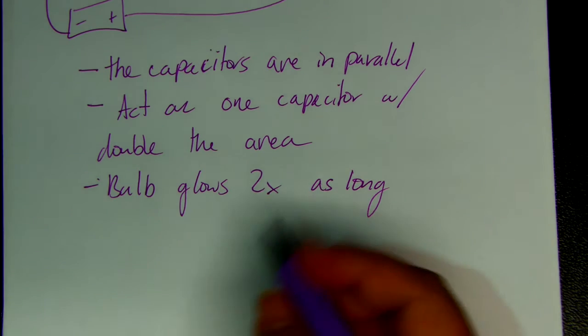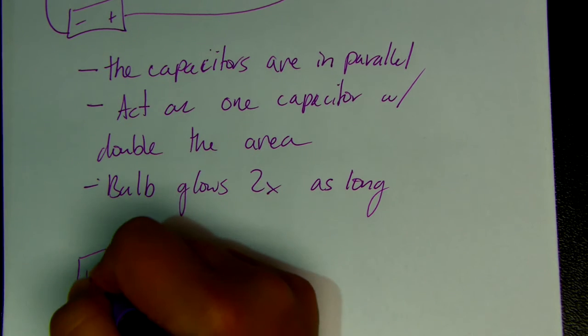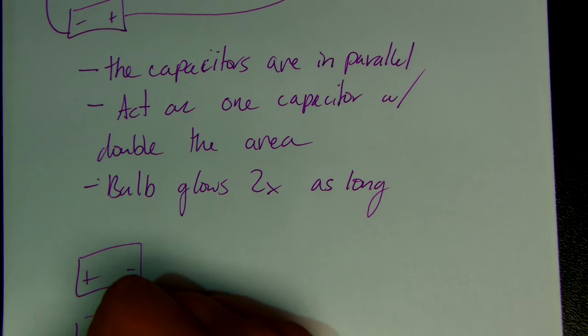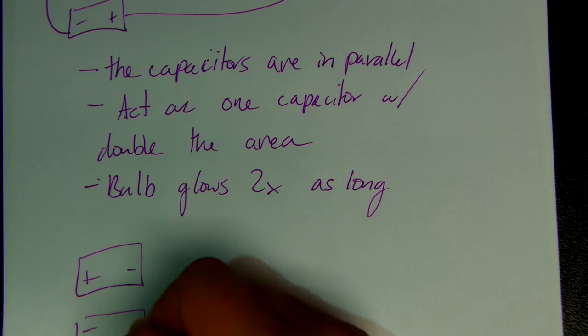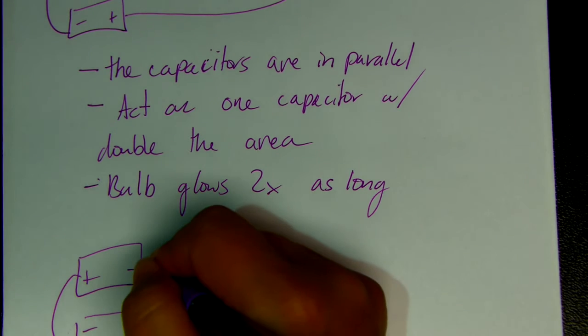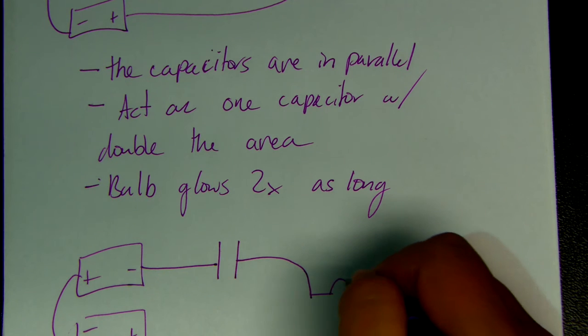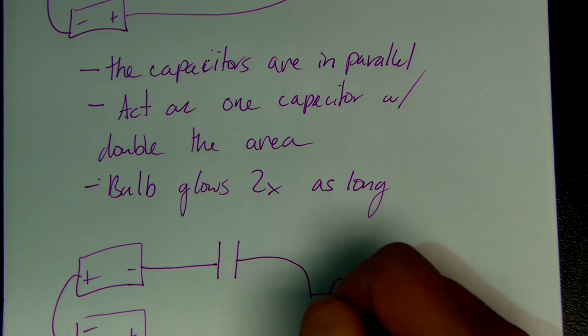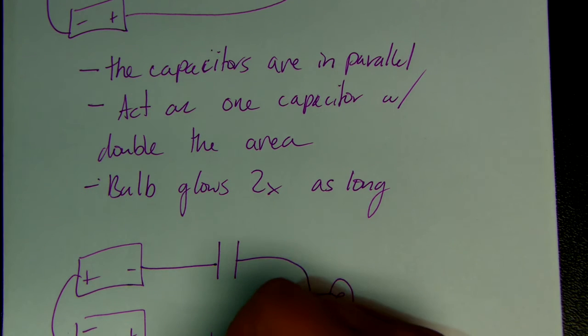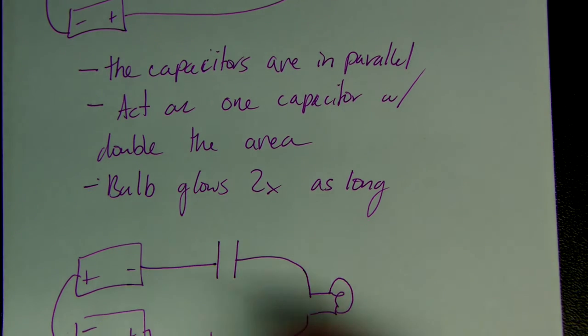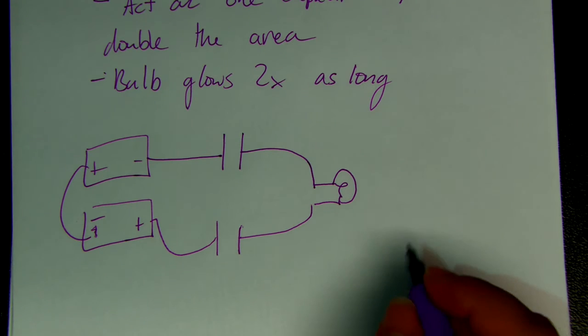And then you could also have a circuit, again with your batteries. And in this circuit, the bulb is isolated from the batteries.